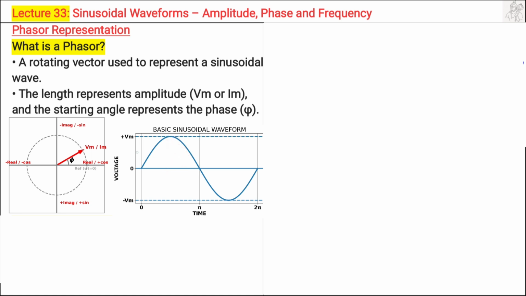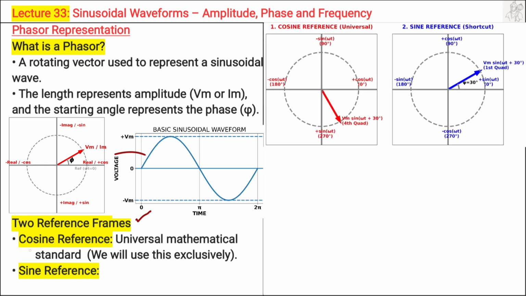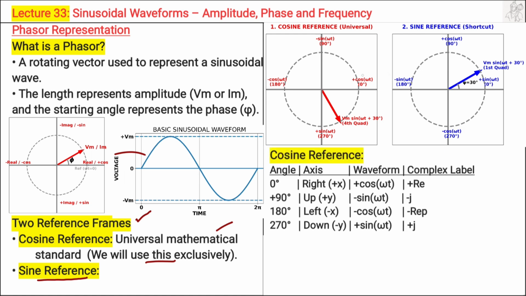Now before understanding how this wave can be represented by this rotating vector, we have to understand 2 reference frames used in the phasor representation. The first reference is cosine reference, which is the universal mathematical standard, and from now on we will be using it exclusively. And the second reference is sine reference. So in cosine reference, the 0 degree represents the +cos ωt wave, that is the positive real part.